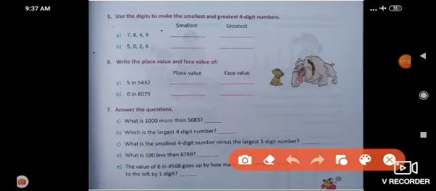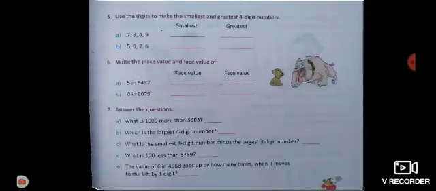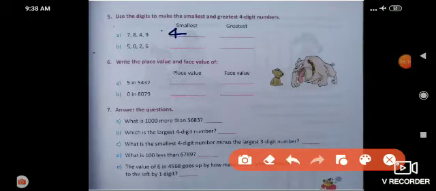See, 7, 8, 4, 9 are the digits, which is the smallest? 4. Right? Then after that, compared to 4, which number is greater? And compared to 4, the next greater number. You have to see the next.